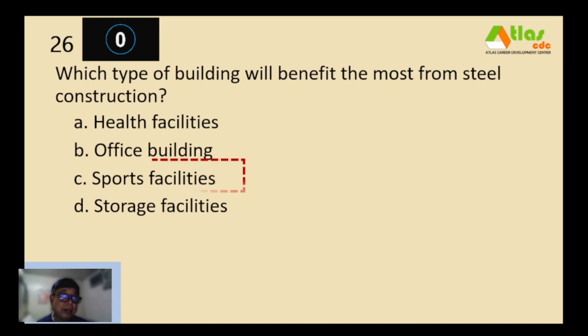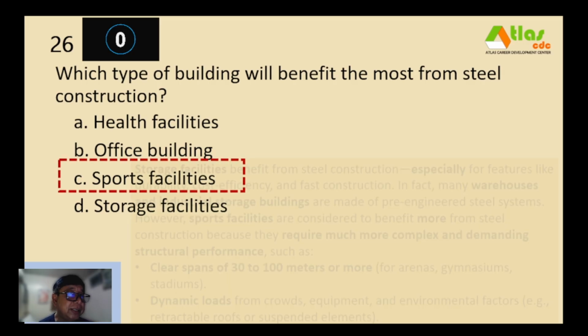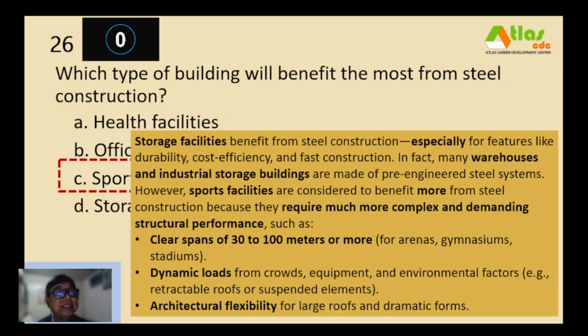And our correct answer is letter C, sports facilities. So storage facilities benefit from steel construction, especially for features like durability, cost efficiency, and fast construction. In fact, many warehouses and industrial storage buildings are made of pre-engineered steel systems.